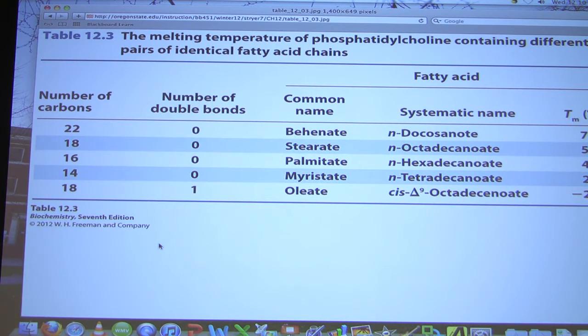You'll also notice that the shorter the fatty acids are, the lower that melting temperature is also. Here's something that's 22 versus something that's 14. We go from 75 down to 24. So shorter, more unsaturated will lower the melting temperature. Longer, more saturated will raise that melting temperature.